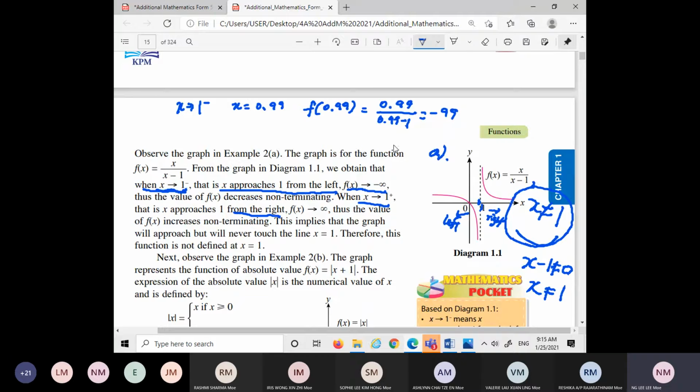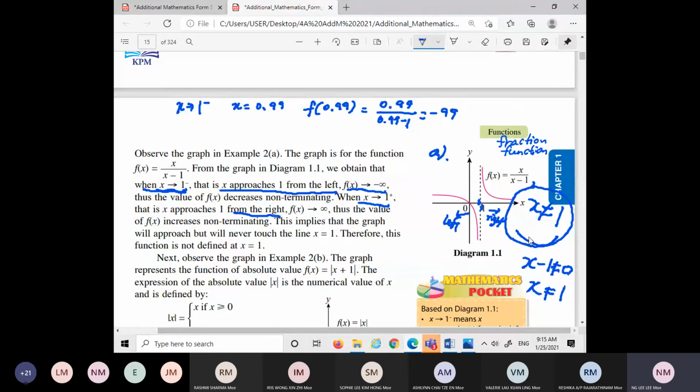I write here, fraction function. It means the function itself is a fraction. So you have to define this.